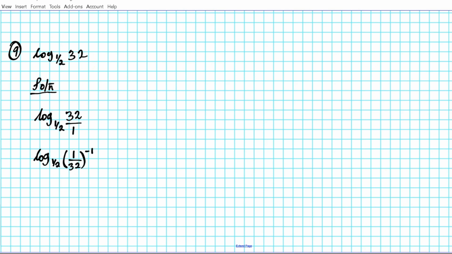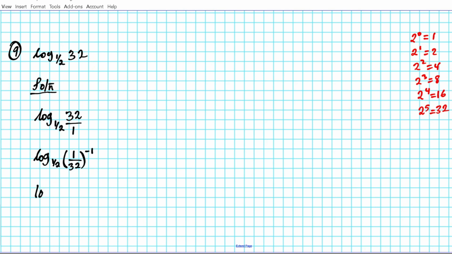Well, let's work it out right here. 2 to the 0 is 1, 2 to the 1 is 2, 2 squared is 4, 2 to the 3rd is 8, 2 to the 4th, just keep multiplying by 2, right? 2 to the 5th is jackpot. That's exactly what we want.